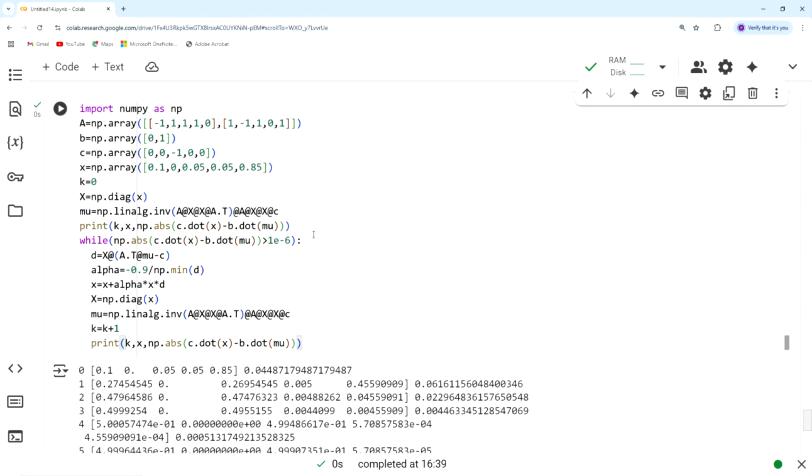But I would like to do one more thing. I would like to plot the trajectory of the points whatever we have got here. I want to show you that the trajectory of the points are actually in the interior. We started with an interior point 0.1, 0.05.